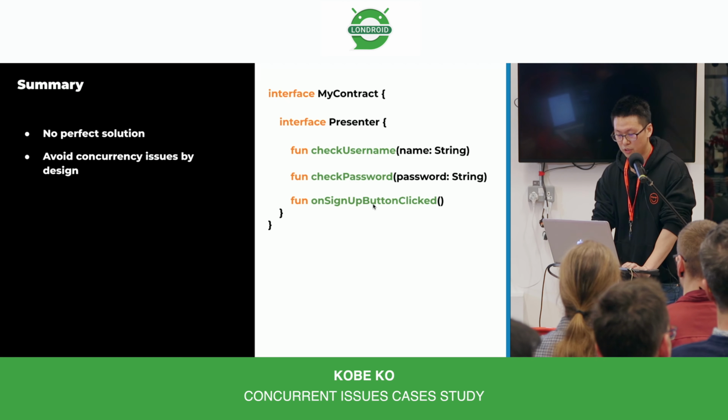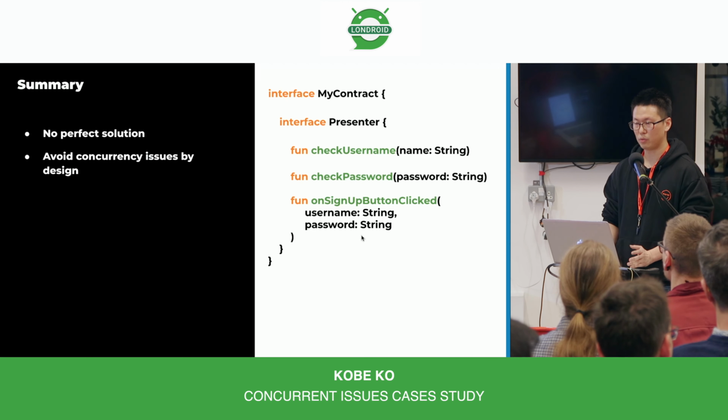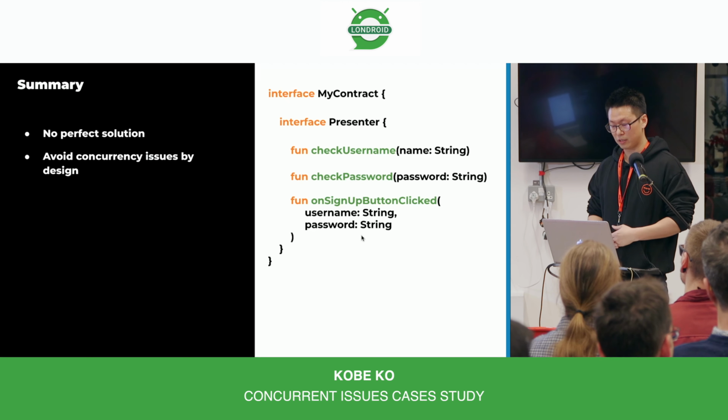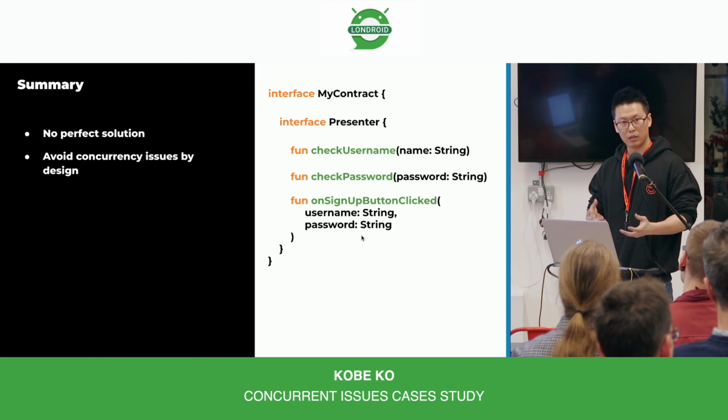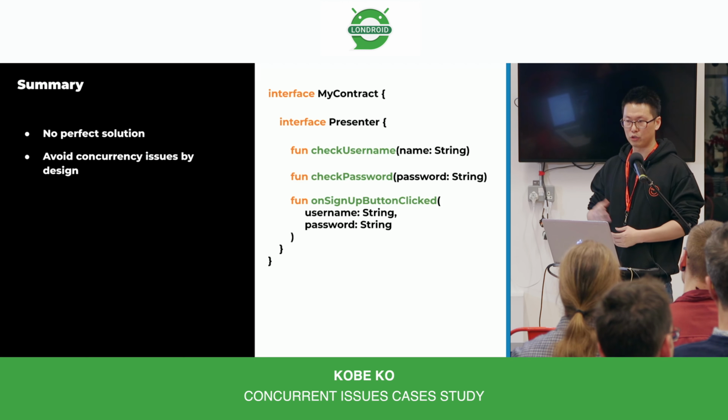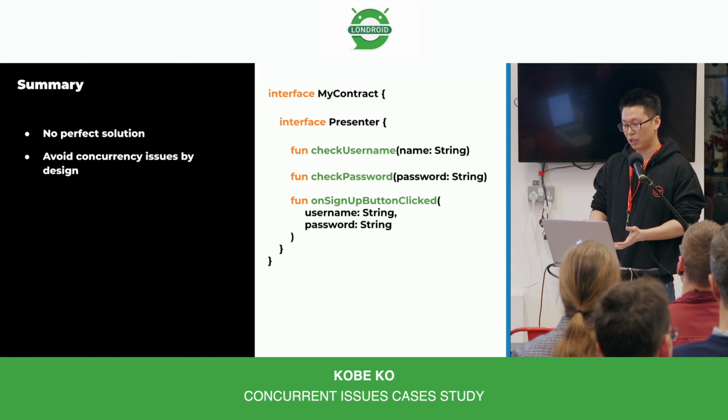So if you change this signature to this one, where when the user clicks the sign up button, the view provides the username and password to you, then before implementing anything, we already know by this contract design that we don't have to cache anything.